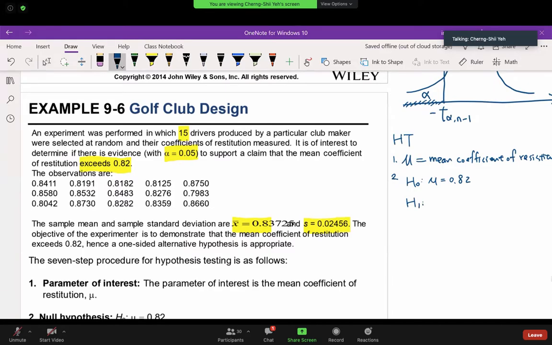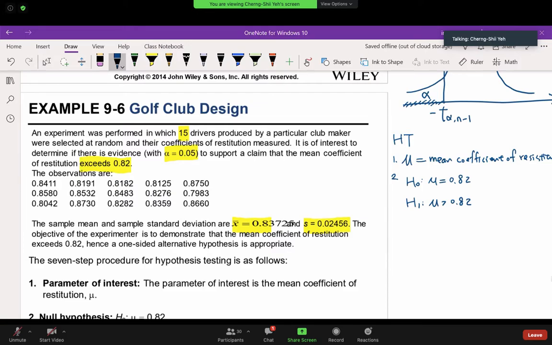The alternative hypothesis is what we're trying to prove. What are we trying to prove? The mean coefficient of resistance exceeds 0.82, greater than 0.82. In your homework, sometimes you'll see the null hypothesis written as mu less than or equal to, covering all the conditions outside your alternative hypothesis. So you can write it as equal to or less than or equal to.